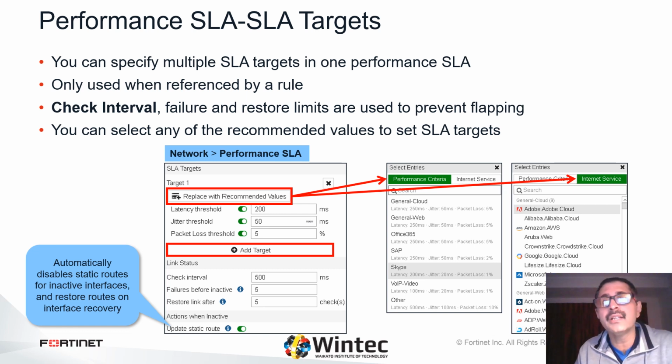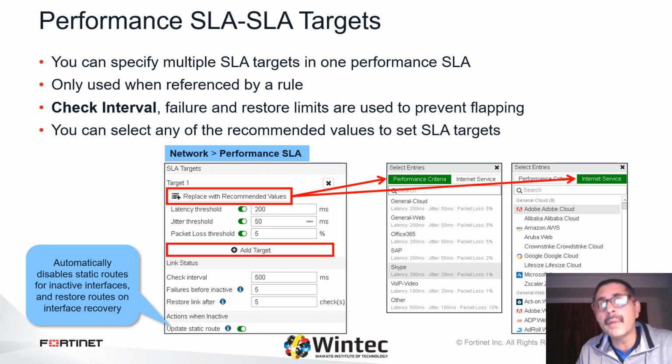You can configure the latency, jitter, and packet loss thresholds to meet your needs and create granular SLA targets to fine-tune the SD-WAN for specific applications. Although SLA targets are specified on the performance SLA page, which is shown here on the slide, they are not actually used here. The values configured there are used only when referenced by a rule.